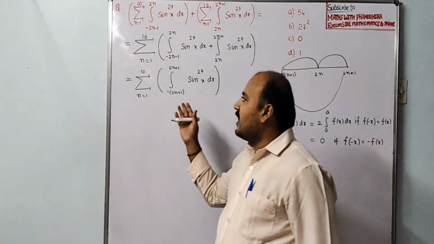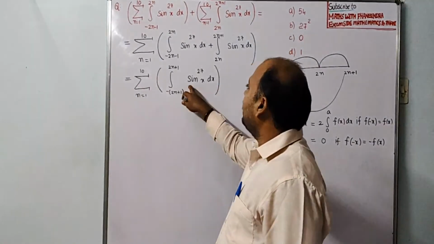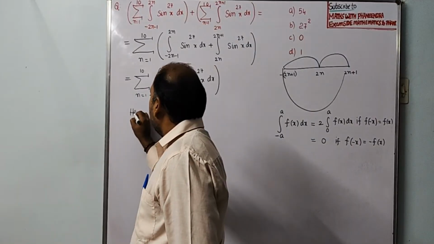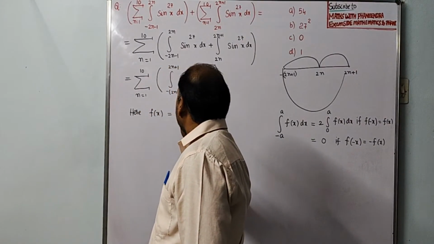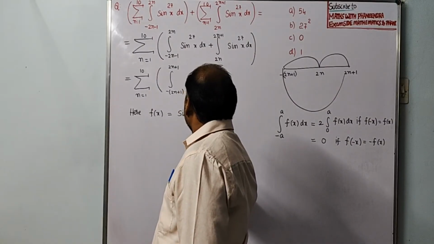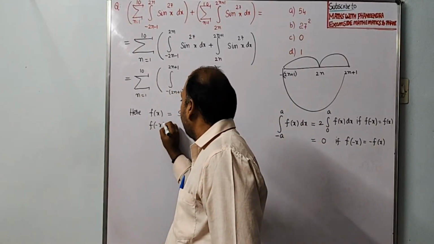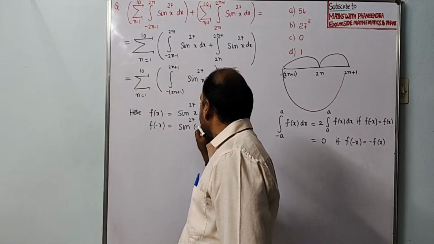Here, to decide whether this function is an even function or an odd function, we need to verify f of x. Here f of x equals sin power 27x. f of minus x I am going to verify. So wherever x is there, replace with minus x.